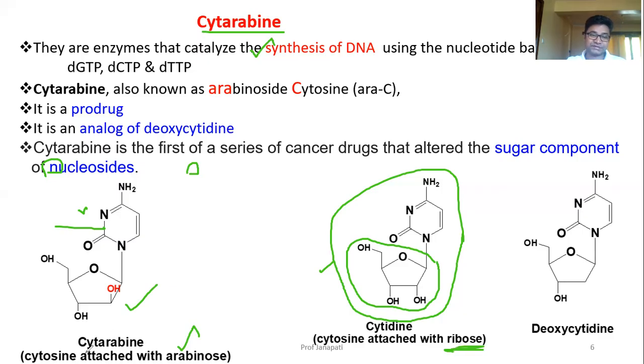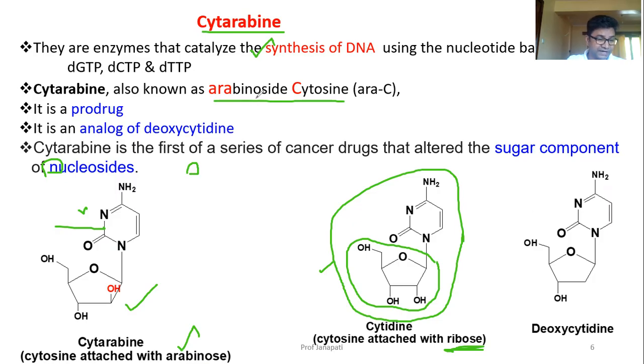Ribose sugar. Cytarabine has arabinose sugar. So this is the structural difference. Cytarabine is also called arabinoside cytosine, because, like a nucleoside, it is base plus sugar.